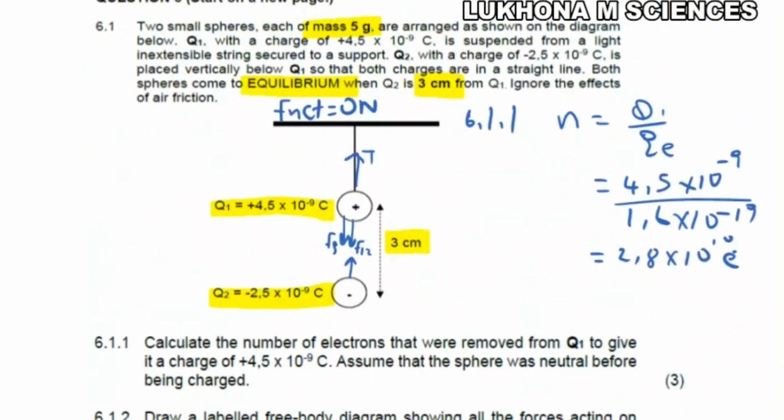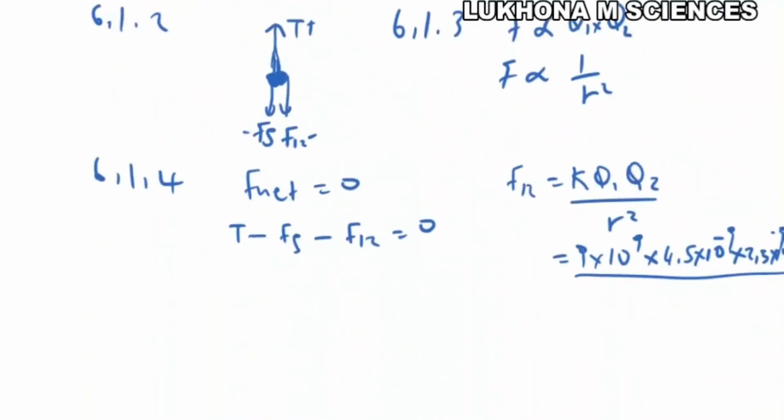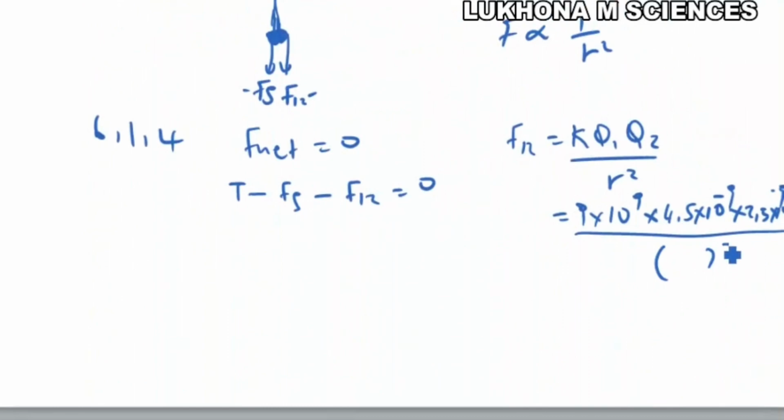The distance is 3 centimeters, which means we must change the distance to meters. 3 divided by 100, we get 0.03. Then let's press the calculator. We get the force. So the electrostatic force is 0.00012 or 1125.